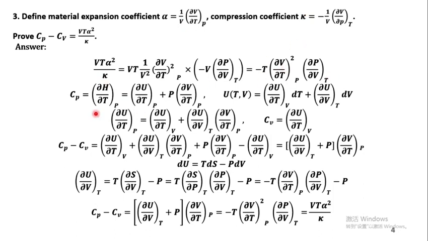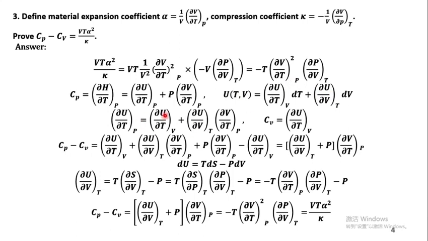After we have this one, this is the definition of the Cp. Because U is a state function, we can write U as a function of T and V. So we have U equals to this one. This is the differential form of U in T and V. After we have this, we divide by the differential T on this side and this side.